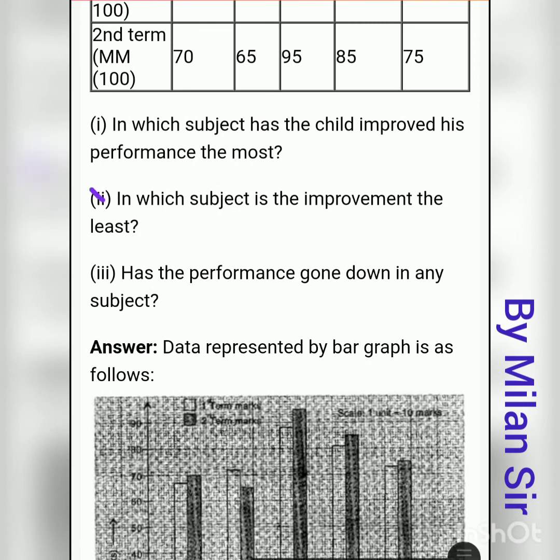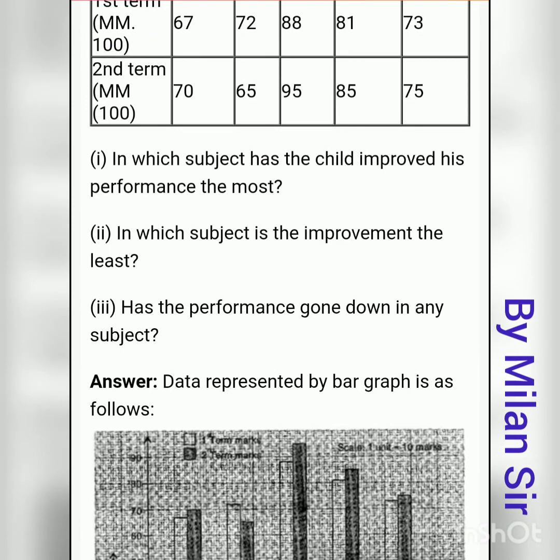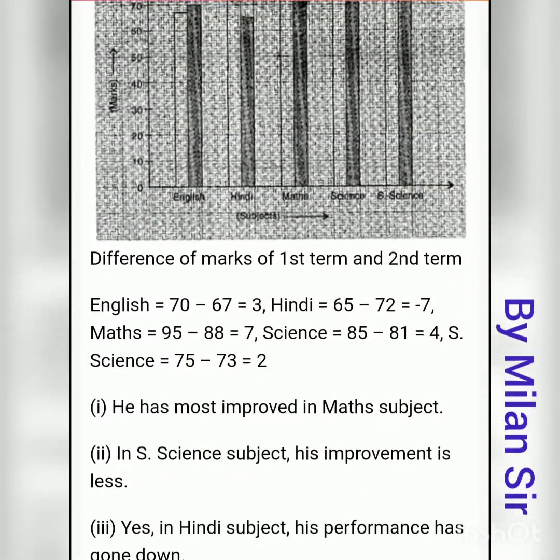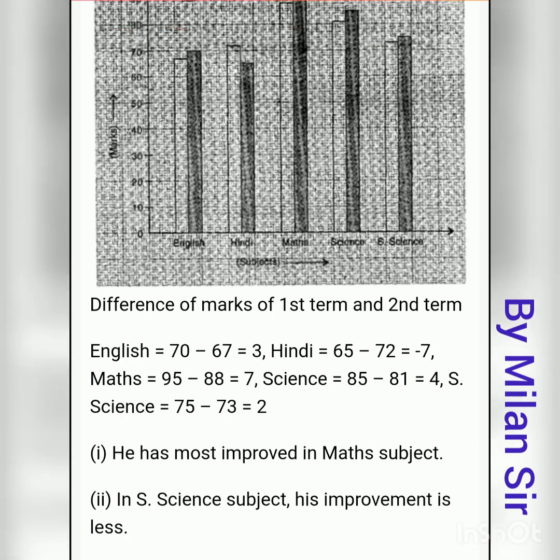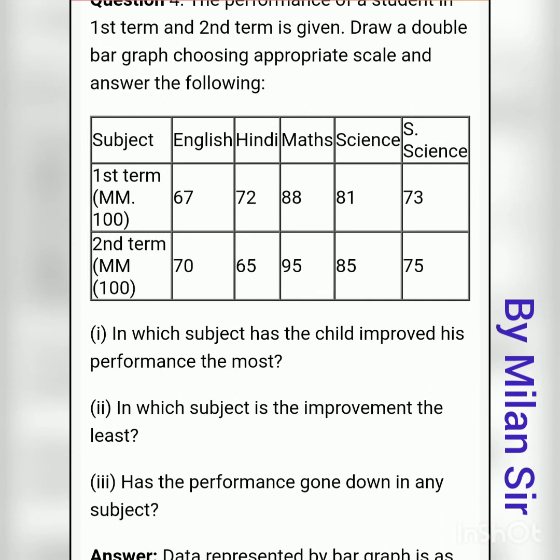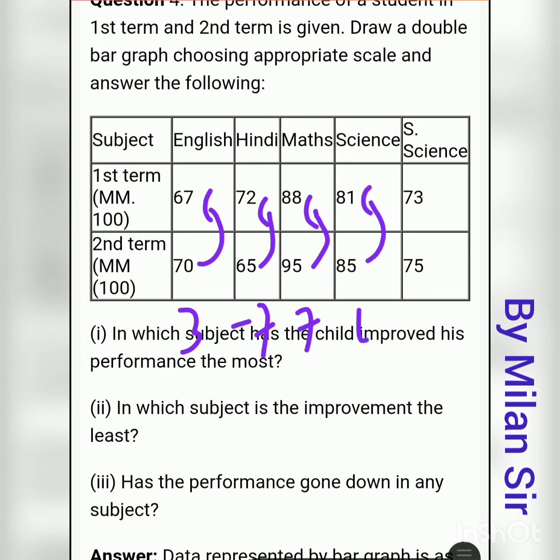After that, second question: in which subject is the improvement the least? Here the improvements are 3, minus 7, plus 7, 4 and 2. We need to find the minimum improvement.